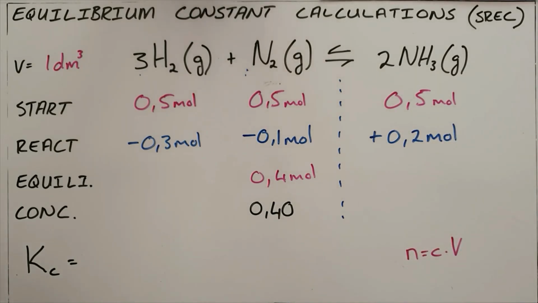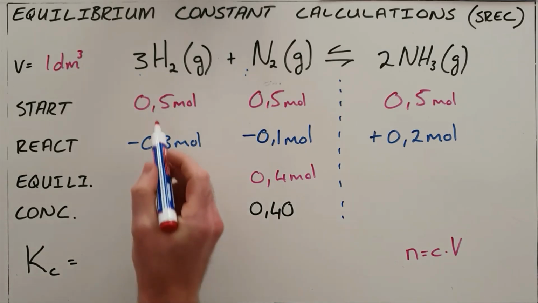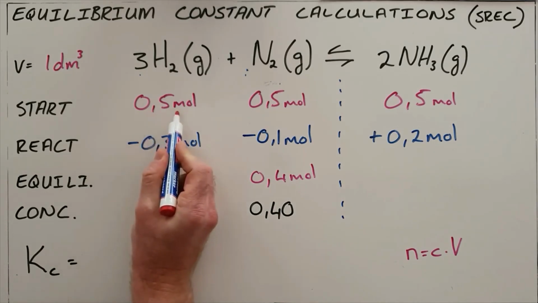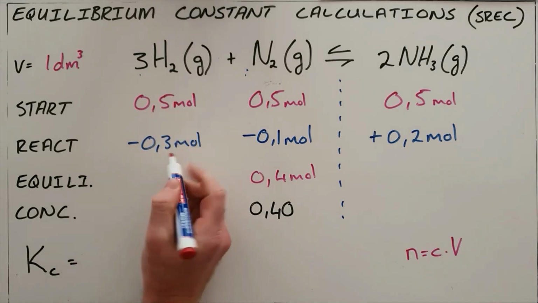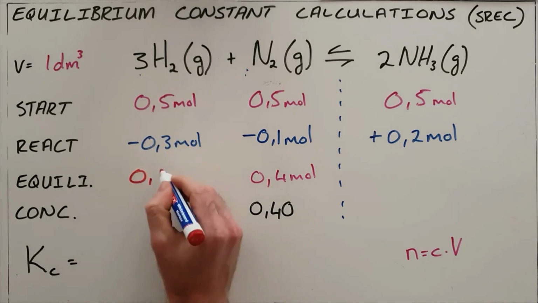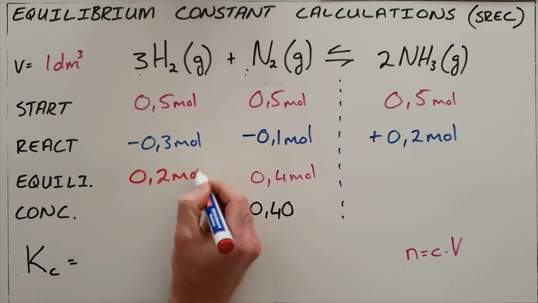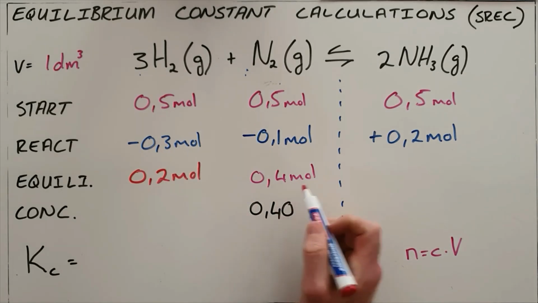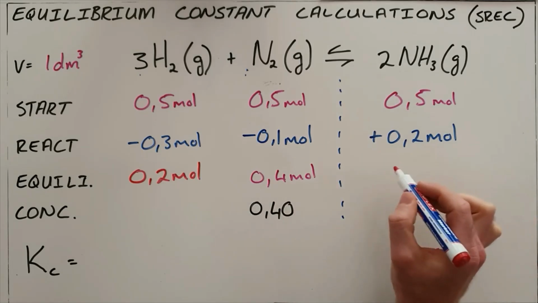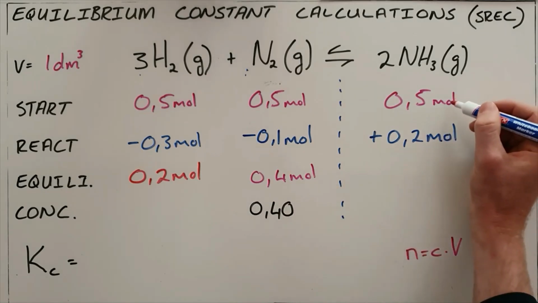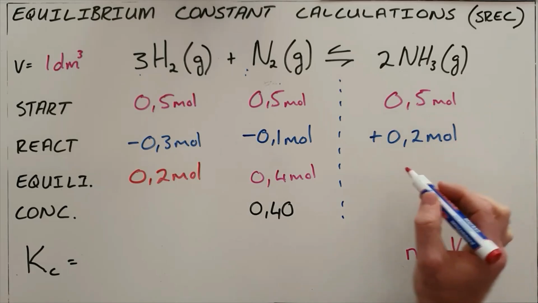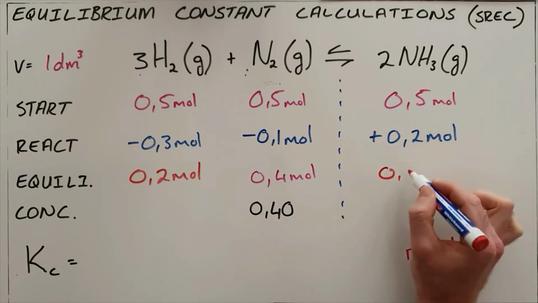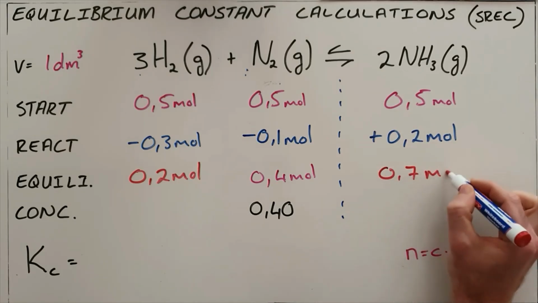We can now, since we know what quantities we start with and we know how much reacted, say that since we started with 0.5 moles of hydrogen and reacted 0.3, we must have ended with 0.2 moles of hydrogen at equilibrium. We already know the amount of nitrogen at equilibrium, and we can calculate the amount of ammonia at equilibrium by saying, starting with 0.5, forming 0.2, we must end with 0.7 moles.